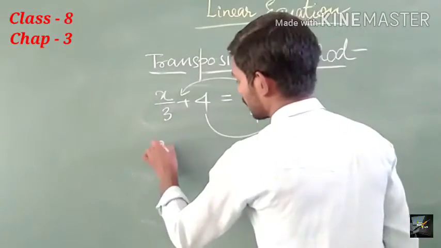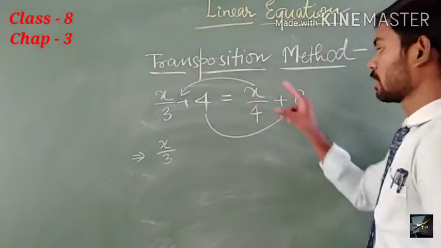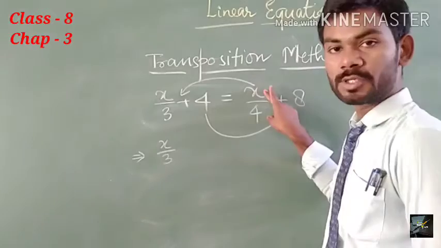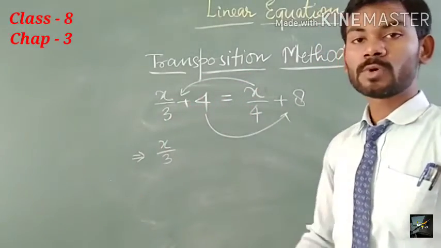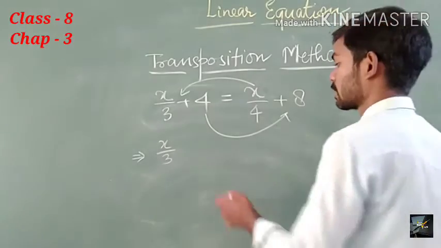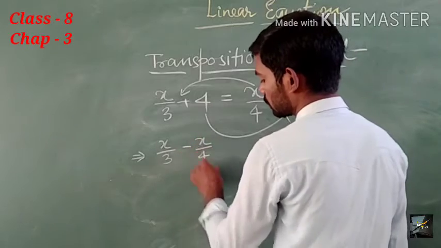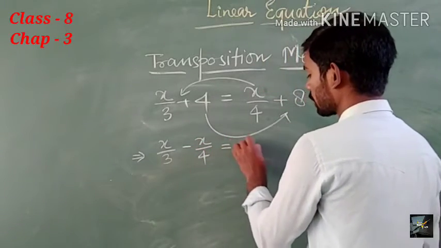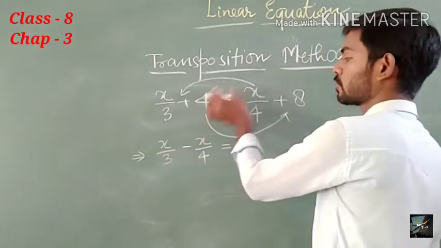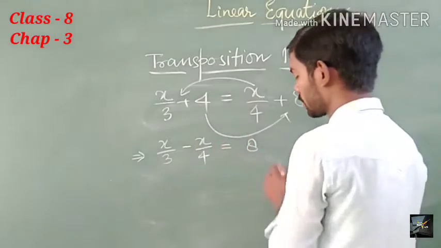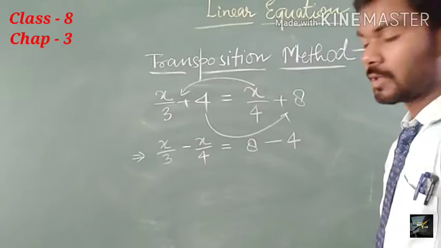So we get x upon 3. X upon 4 is positive, so when transposed to the left side of equal, it becomes minus. So here we write minus x by 4 is equal to 8. 4 is positive, so when it goes to the right side, it becomes negative, and here we get minus 4. Okay.